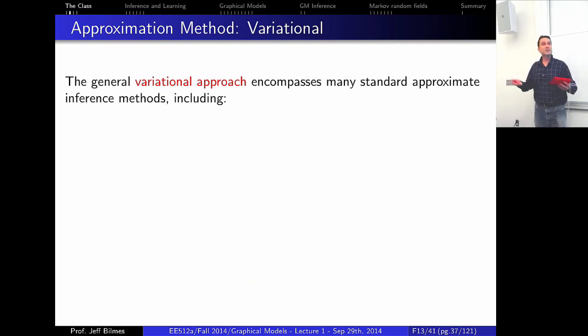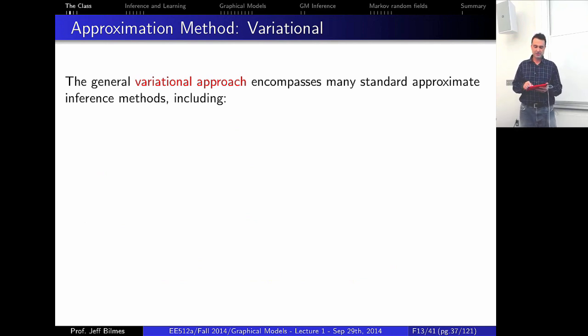So the first general approximation method that we will be talking about is variational methods. And variational methods started out, I think this is fair to say, in the 90s, when variational methods started appearing, it wasn't at first realized how powerful and general they are.